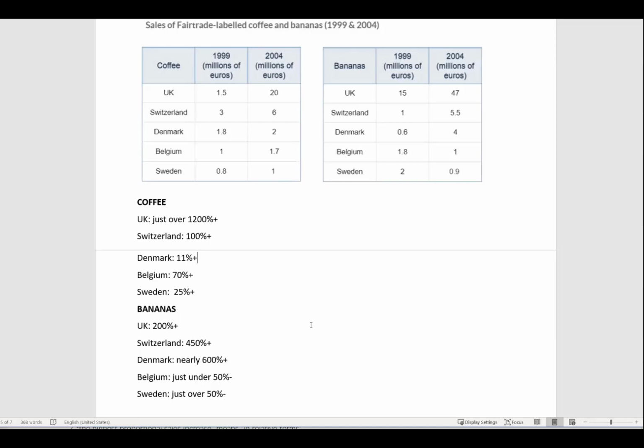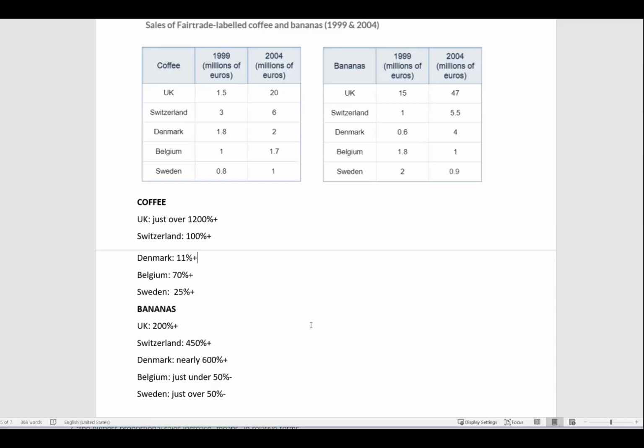Which country saw the biggest growth in absolute terms for bananas? Denmark? No, in absolute terms. Switzerland? Nope. In absolute terms just means in terms of the raw numbers.